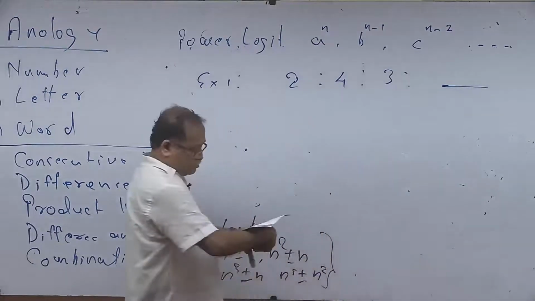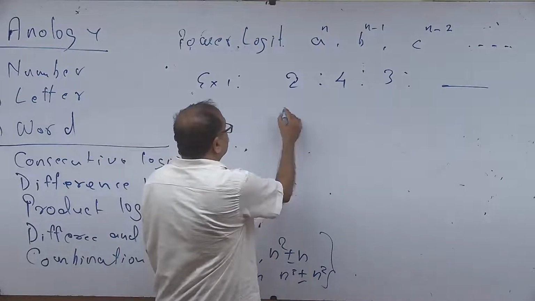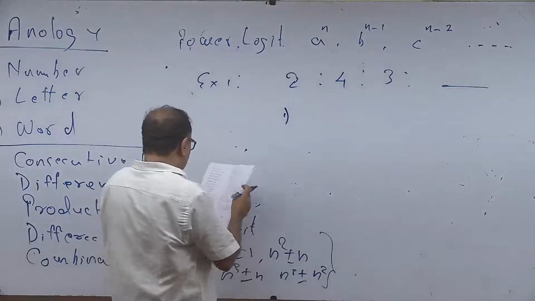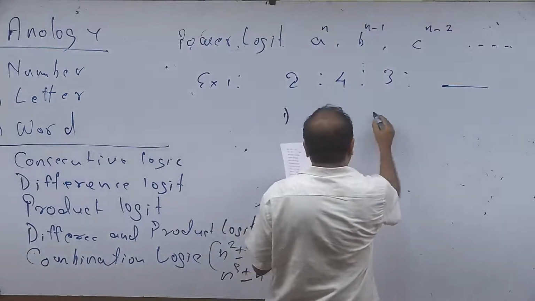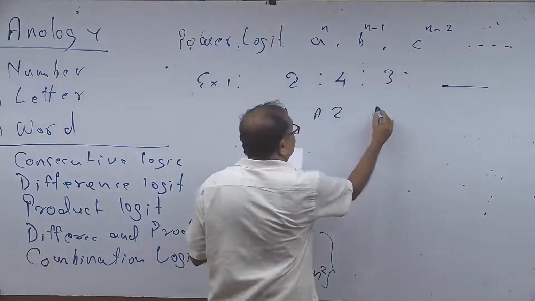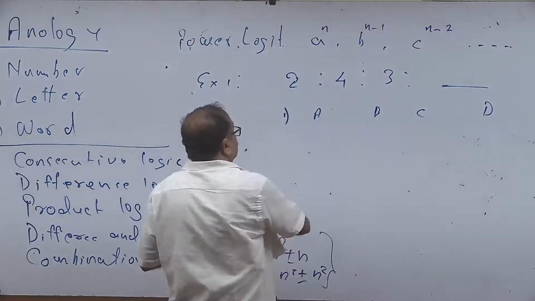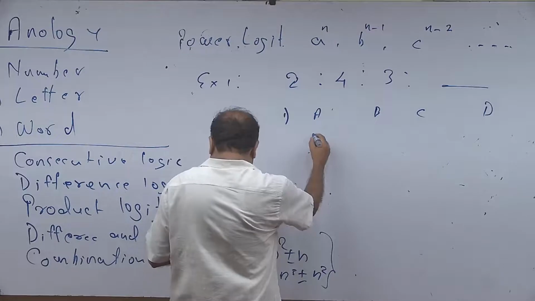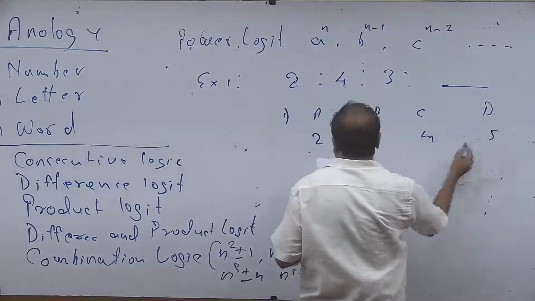So option A, B, C and D. In the first set I am writing 2, 3, 4 and 5.